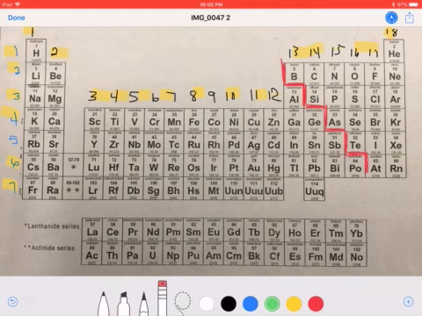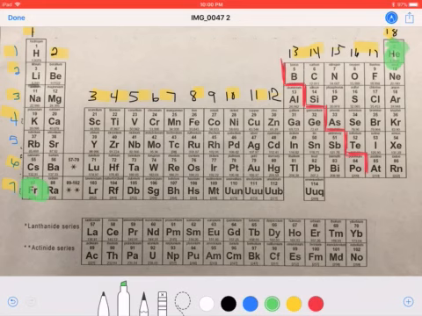With that, we know that the largest atom on the periodic table has to be francium, and the smallest atom on the periodic table is actually helium. Those are also helpful with the last periodic trend or pattern that we're going to talk about, which is ionization energy. Ionization energy is the amount of energy required to remove an electron from an atom.